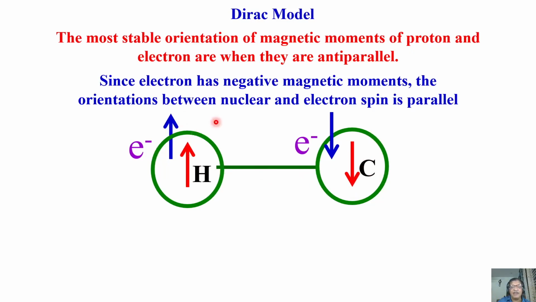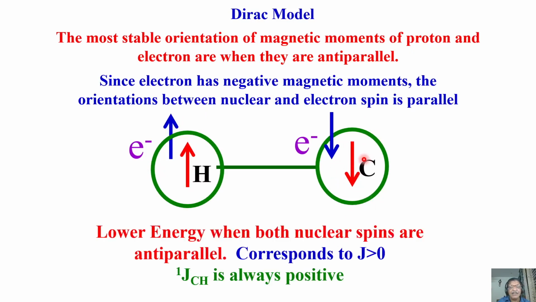Because of this Fermi contact and Pauli principle, where these two get paired, and because of the Fermi interaction again, this proton orientation, this magnetic moment which is parallel to the magnetic field, forces this carbon to orient opposite to that, and this is called the lower energy configuration. When both nuclear spins are anti-parallel to each other, it is lower energy. Lower energy is a stable configuration. This corresponds to J being positive.